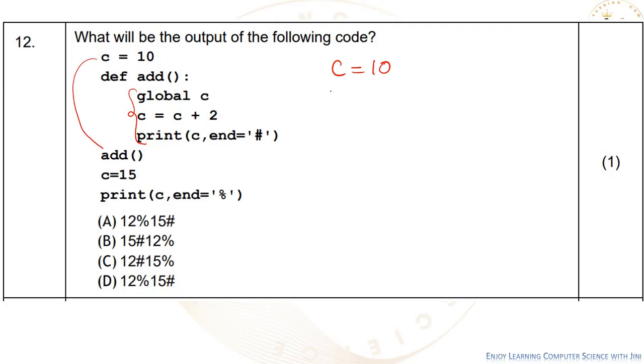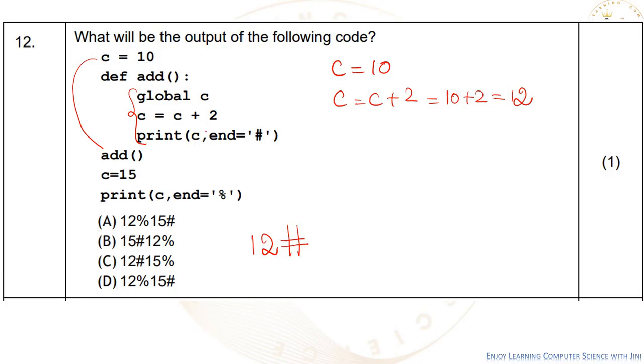Inside, the variable c is declared as global. Now c is equal to c plus 2, which is 10 plus 2, which is 12, right? Now print c. So what will be printed? 12 will be printed with end hashtag. End hashtag means the next print will be continued in the same line.